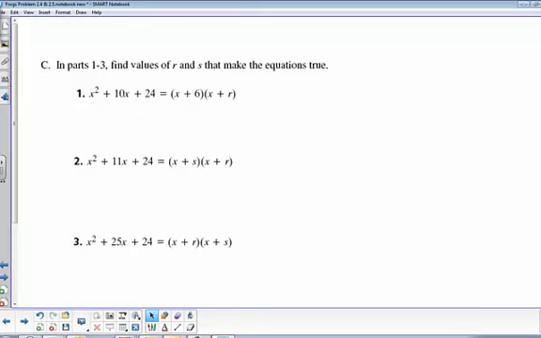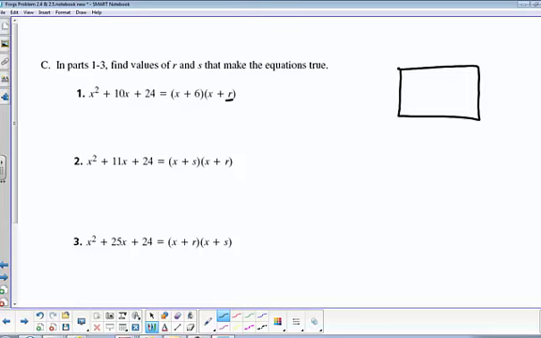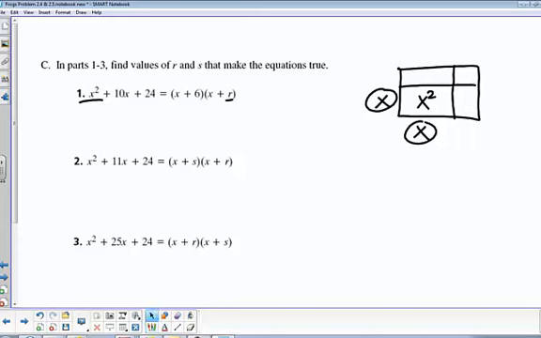Alright, so we're going to find what r would be. And we already know that one of our dimensions is 6. So think about your box again. This has to be x squared. That always goes there, which means these are both x. The 24 always goes right here. So now we need to figure out what two numbers multiply to give 24.